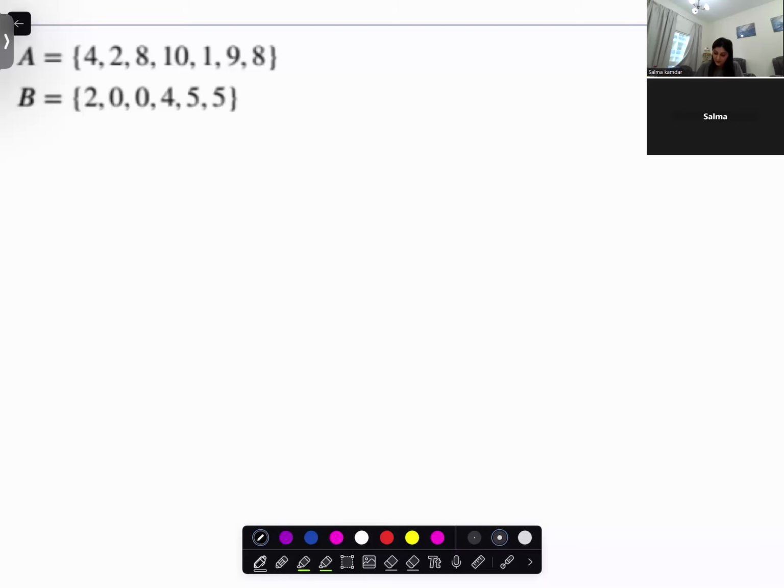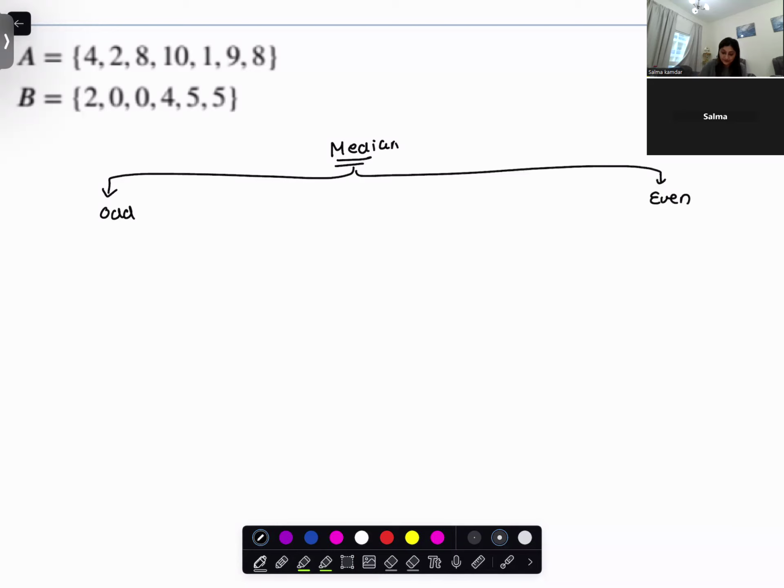So let's recall again our concept for median. What is median? The value of the middle position in your data set. Your data set could be having odd numbers, or your data set could be having even numbers. If your data set is odd, what is your median?